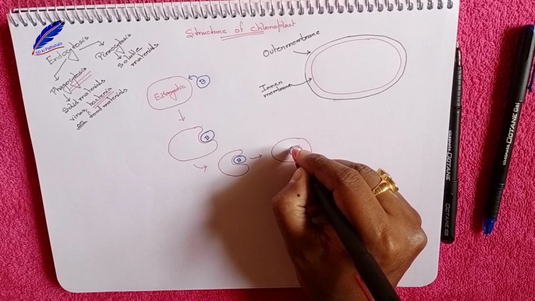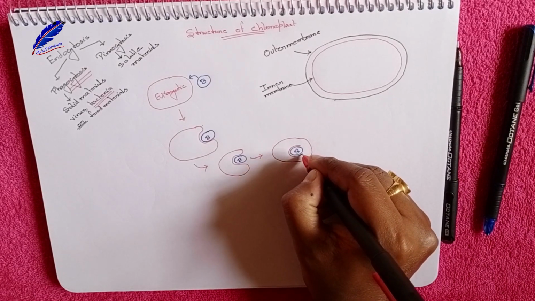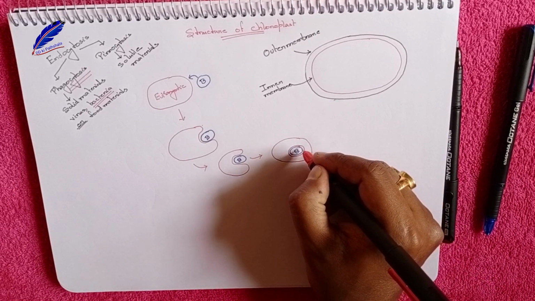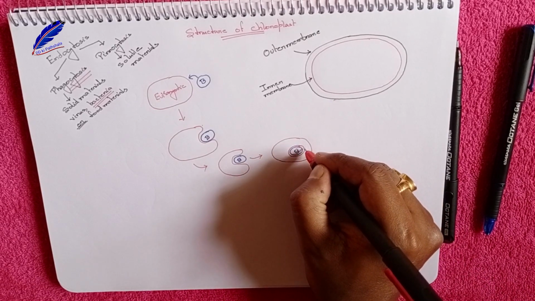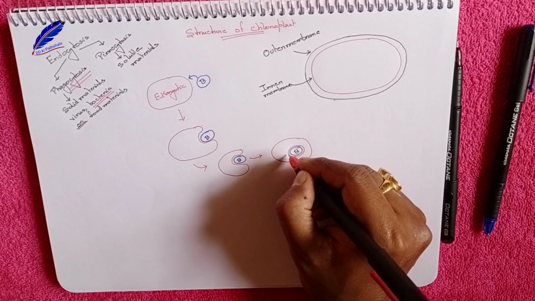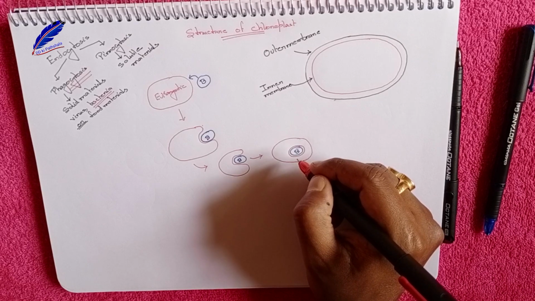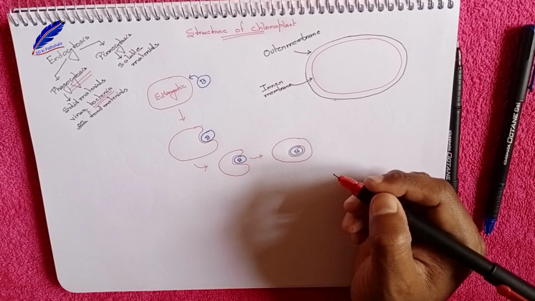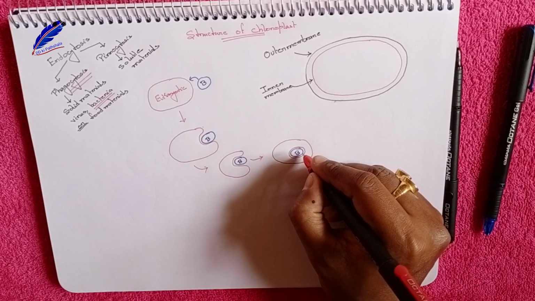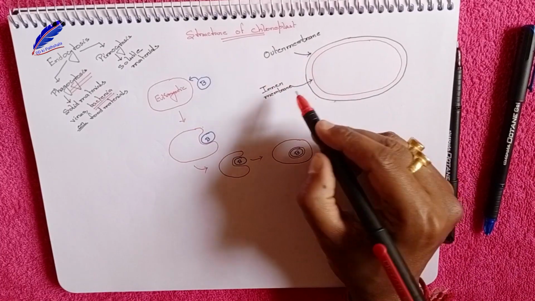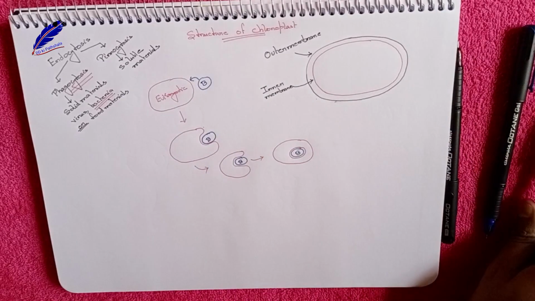and while entering, the outer membrane of the eukaryotic cell will cover or enclose the bacteria, which is why the bacteria will develop two membranes. One is the outer membrane, another is the inner membrane.